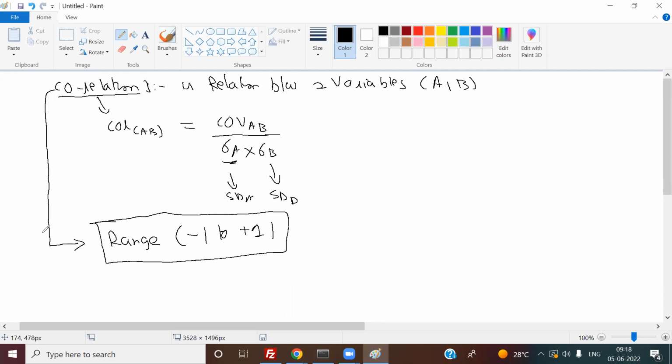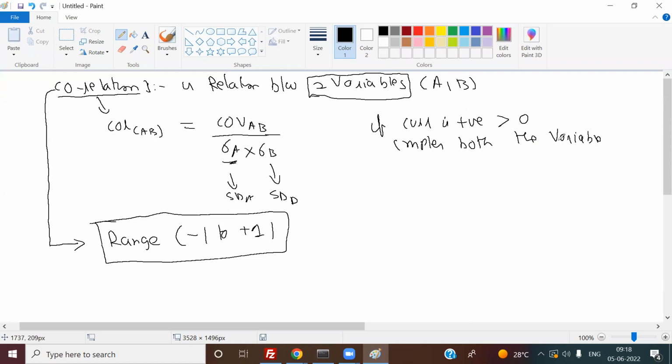And over here, I'm talking about two variables. So if correlation is positive, which means greater than 0, अगर 0 से ज़्यादा है, it implies both the variables move in the same direction.